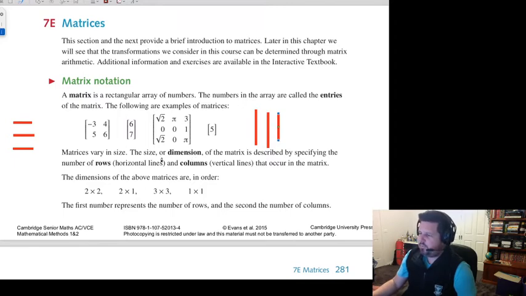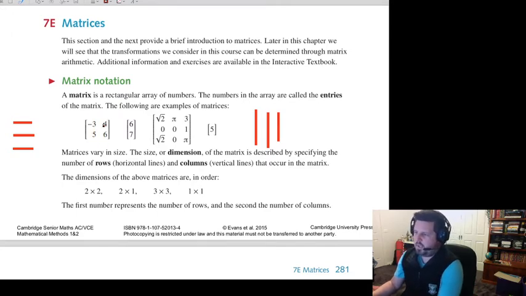So if we look at this particular matrix that's here, if we consider how many rows there are, there's a row here and there's a row here. There's 2 rows. If we think about how many columns are in this one, again, there are 2 columns of numbers. There's a column there and a column there.